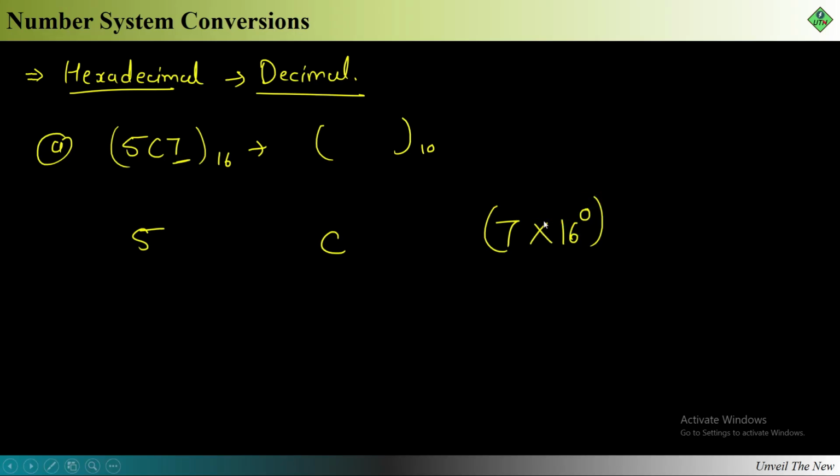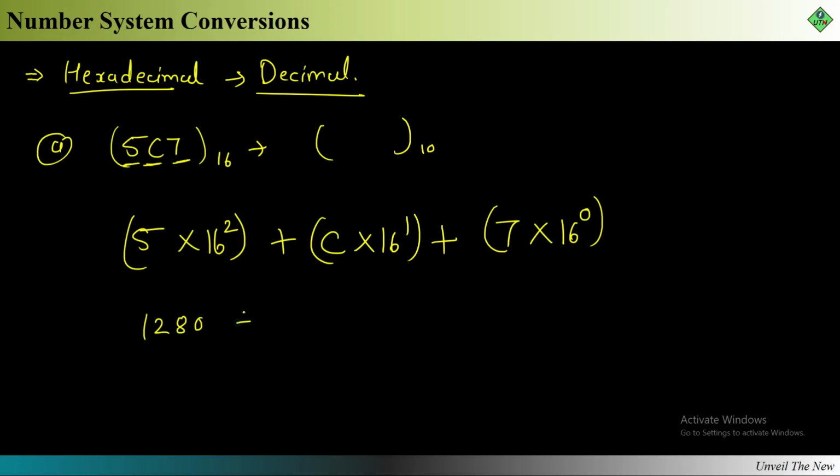Very good. If you could guess this, I hope this video is clear for you, and whatever hard work I am doing, I guess it is paying off. Now the next digit is C, so we will multiply it with 16 raised to 1, and the last digit is 5, so we will multiply it with 16 raised to 2. Finally we need to add all of them. 16 into 16, we all know, is 256, and 256 into 5 will be 1280.